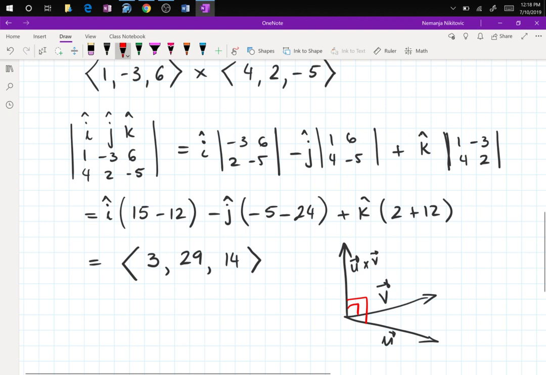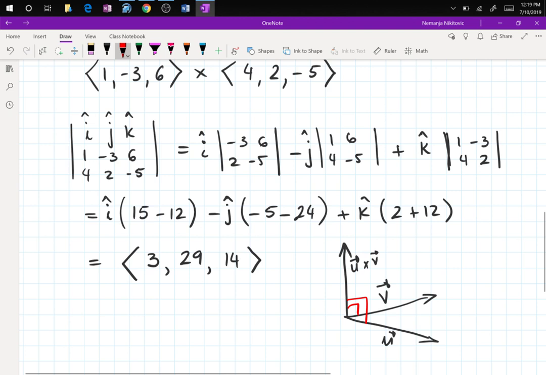So cross product calculation is this long procedure where you break 3 by 3 into 3 2 by 2s, and then the determinant of each 2 by 2 is calculated by taking the difference of diagonals. So you multiply, minus, you multiply the other way, multiply, minus, multiply.